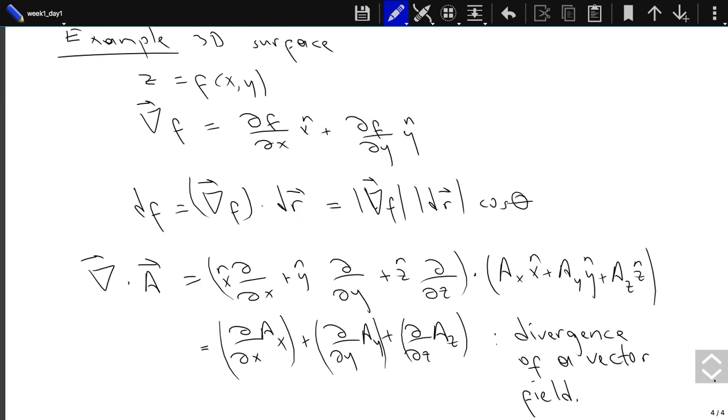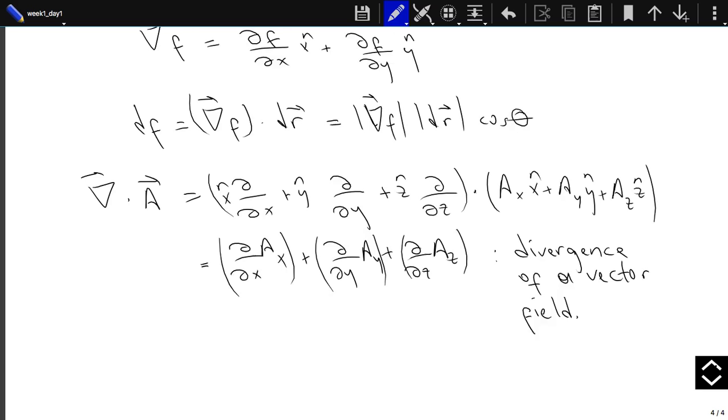But we will see in other coordinate systems that these unit vectors also change from point to point. In such a case, you have to pay attention to how those unit vectors also change. Now, we will study it in more detail on Friday, but just keep in mind that here we are using the fact that the derivatives of x hat, y hat, and z hat are all 0.